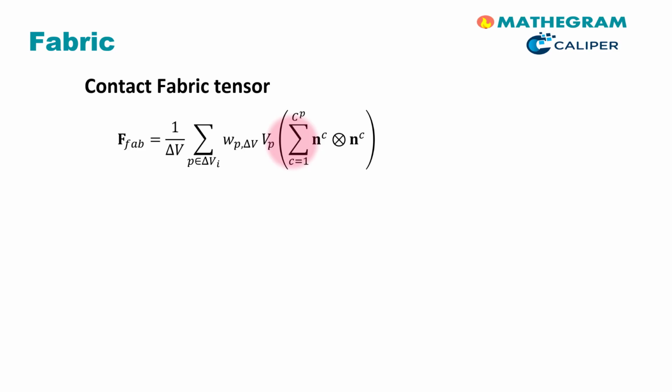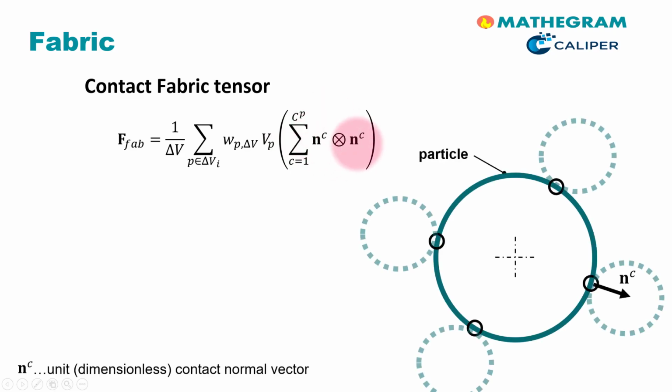However, only the contact unit normals n superscript c are needed to calculate it, specifically by summing over the dyadic product of n superscript c. The latter is illustrated here in the figure on the lower right.